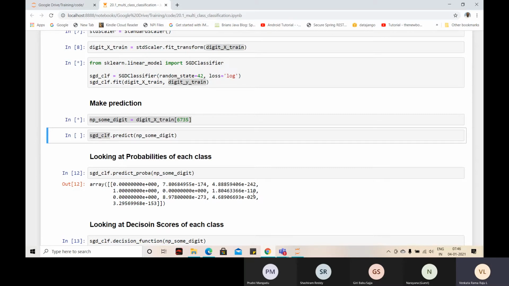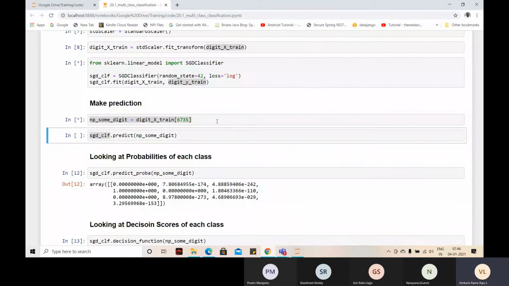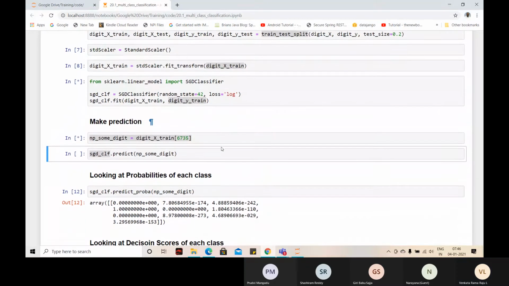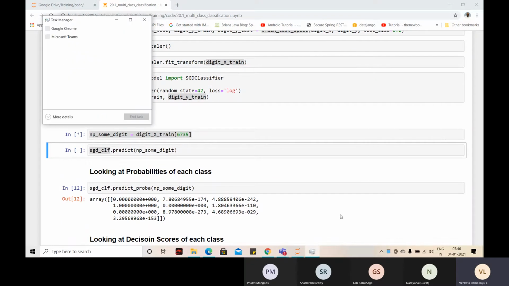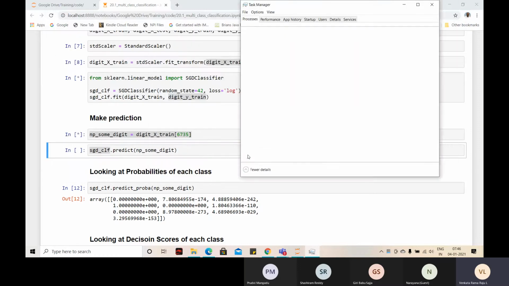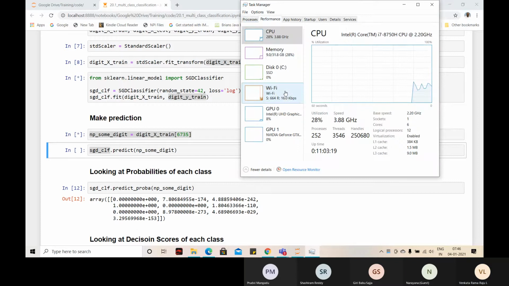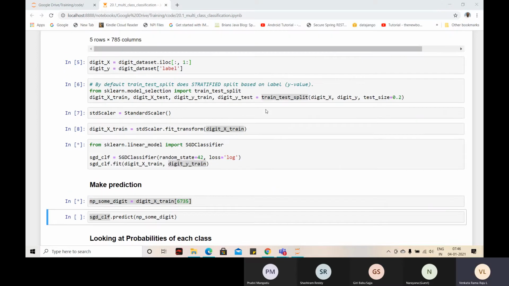Why is it taking that much time? It shouldn't be taking that much time.